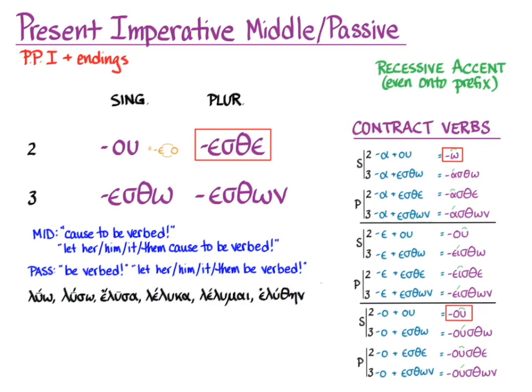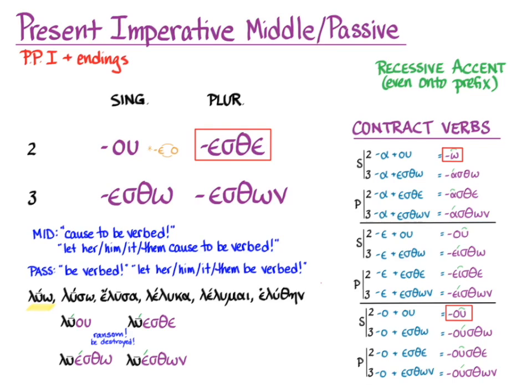Okay, let's look at what happens when we put these forms together with luō. We'll take that first principal part and its stem, and we'll add our new endings, and we'll put our recessive accent over those forms. And so we'll get lúou and lúesthe in the second person, and that means ransom in the middle, because of course that's the middle meaning of luō.